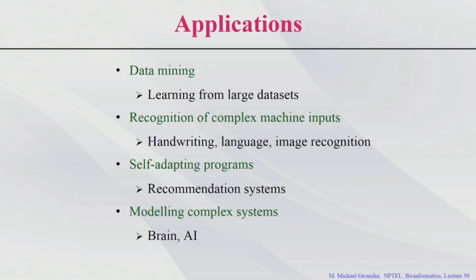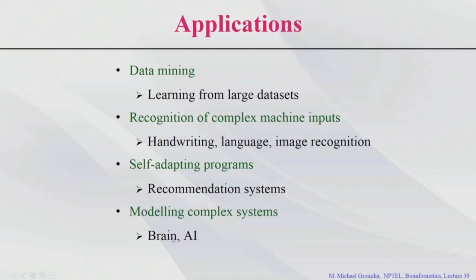It learns from very large data sets and you can derive the features to get the performance you require. For example, in recognition of complex inputs like handwriting, language and image recognition, you can read these images and correctly tell what they mean, in different handwriting languages. Then there are self-adapting programs like recommendation systems, as well as modeling complex systems.